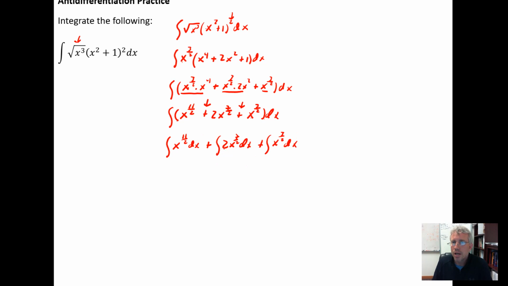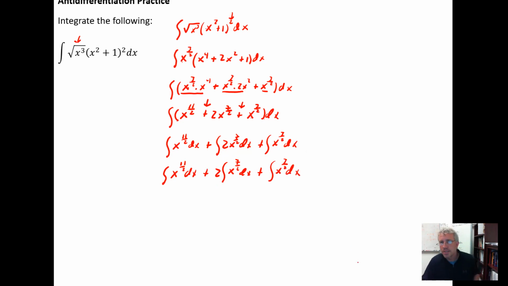And here I have a constant multiple of a function, so we can actually factor that constant multiple out of the integral symbol. So 2 times the integral of x to the 7 halves dx plus the integral of x to the 3 halves dx.